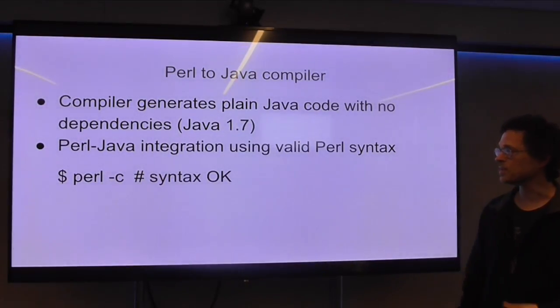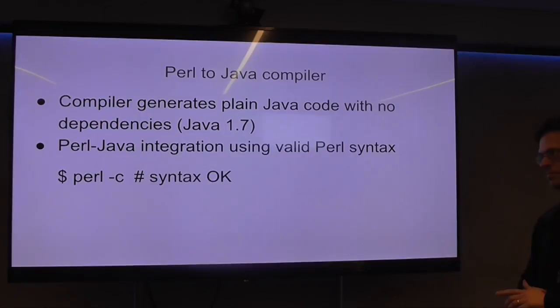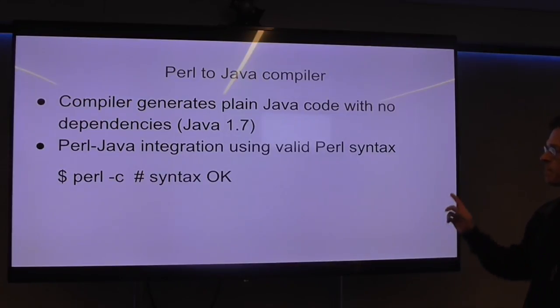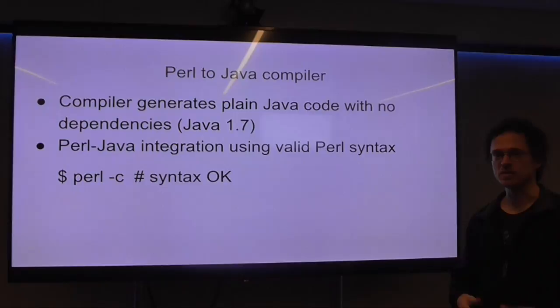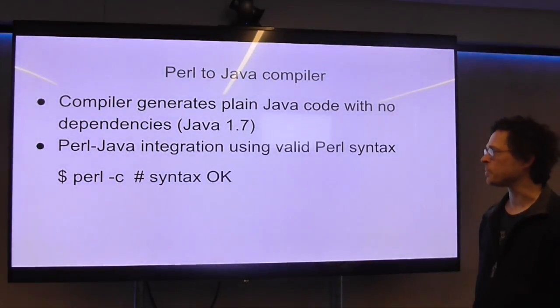So what the compiler does, it generates plain Java code with no dependencies. This means you don't really need to install anything besides Java SE and have a Perl. It's really Java code, it's not Java bytecode. It uses your Java compiler.